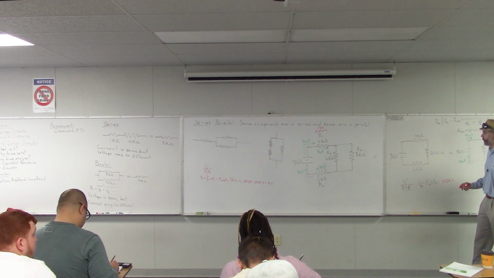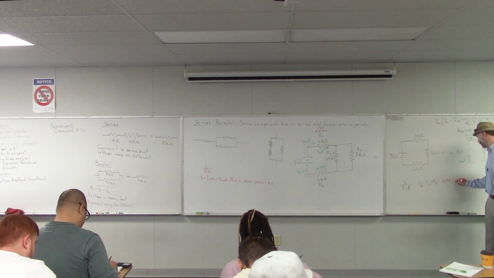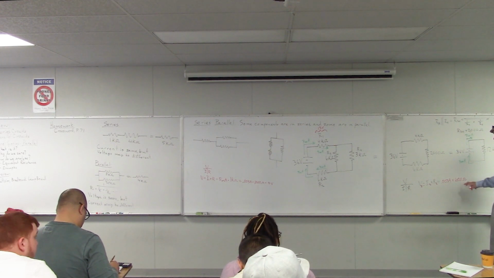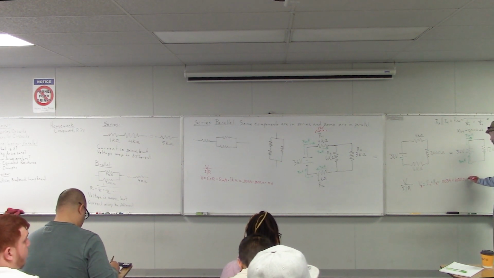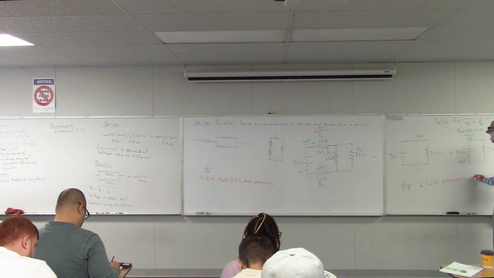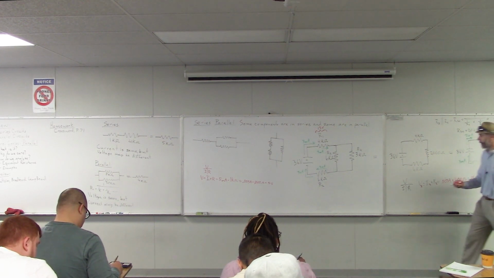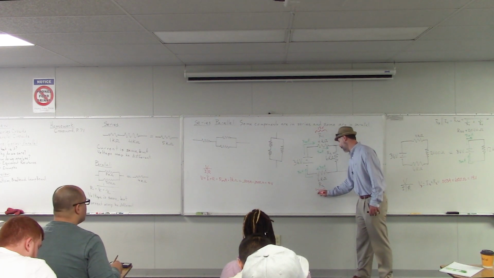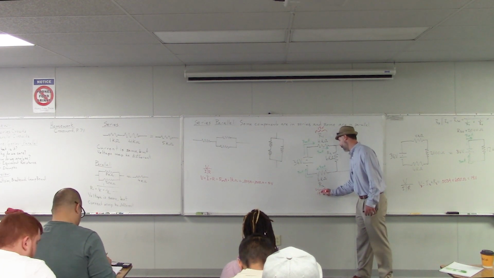And then R2 is still 6,000 ohms. So 3 milliamps times 6,000 ohms gives us a total voltage of 18 volts. So the voltage across here is 18 volts.